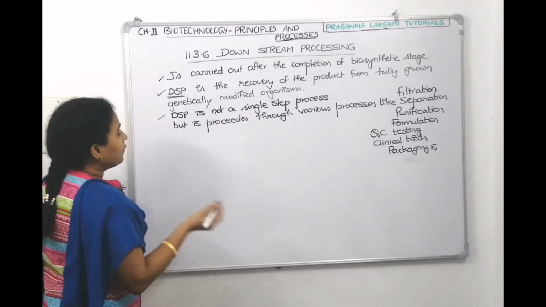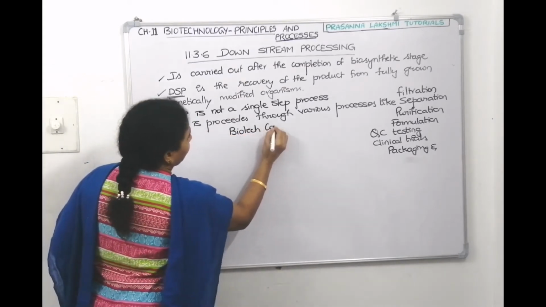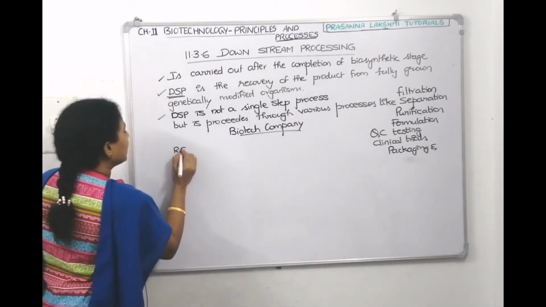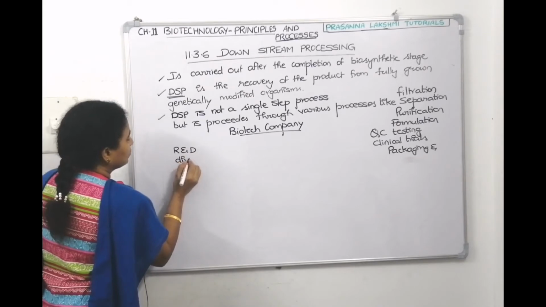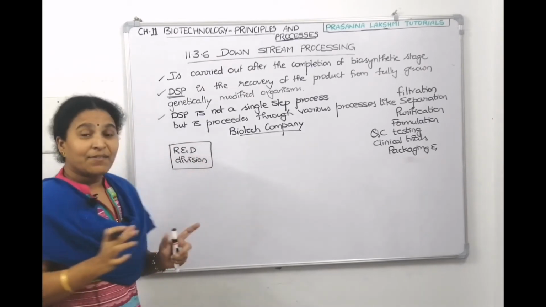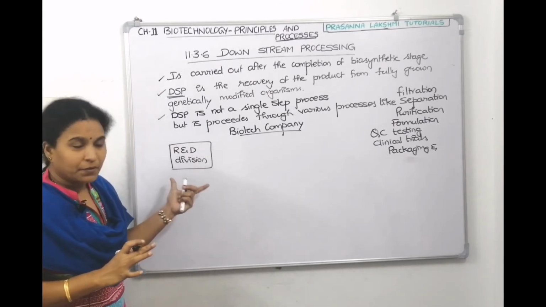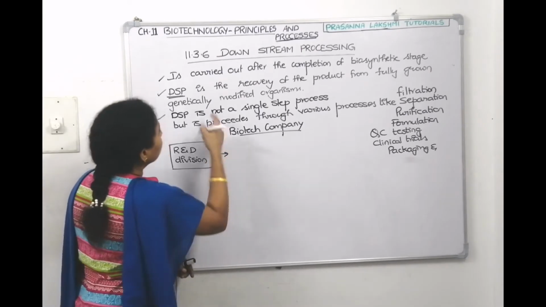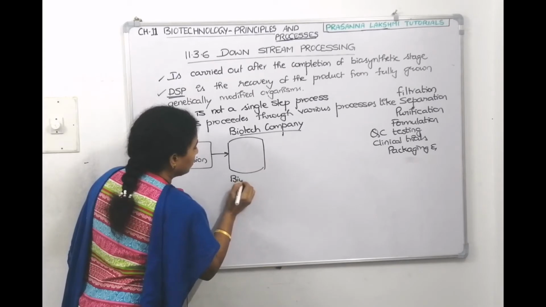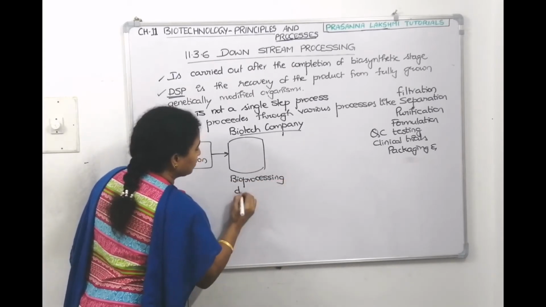Now, if we look at a biotechnological company, how will the setup of the company be? First, they have a division called the R&D division. They will prepare the genetically modified organism. After their formula works out, it goes to the bioprocessing division.